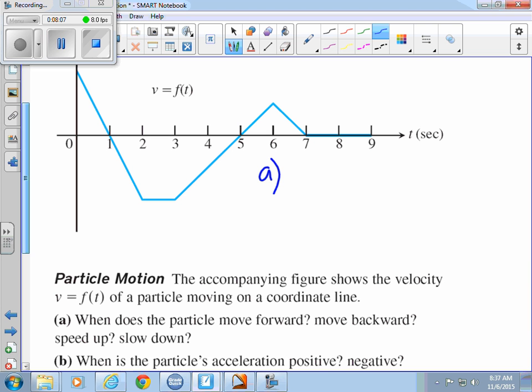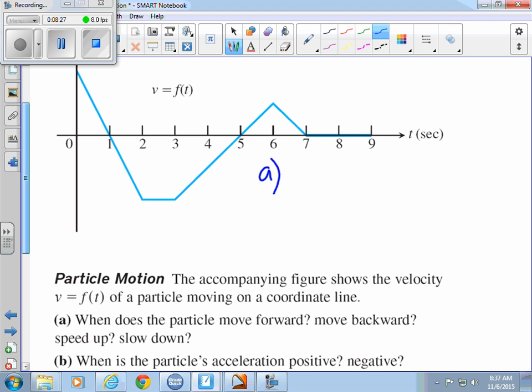So what do we look for when a particle is moving forwards or backwards? Whether the velocity is positive or negative. Well, this is the velocity graph, right? So I'm looking, when is it above the x-axis and when is it below the x-axis, when is it positive and when is it negative.